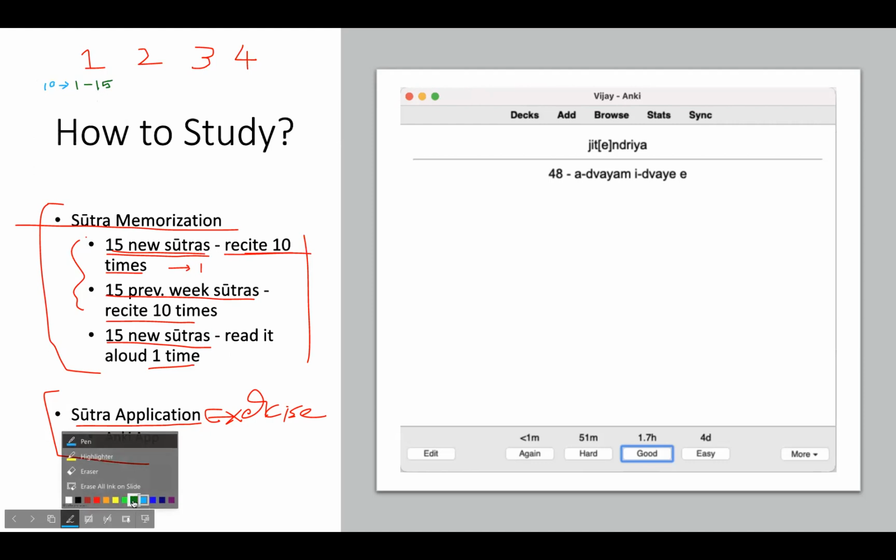And then the next week's sutras are from 15 to 30. You see that 1 to 15 I have put, and then I didn't put 16 to 30. I put 15 to 30 because you need to recite the last sutra of the previous verse also along here, because that's how you get the continuity of reciting the sutras. Then this one you're going to recite only one time. That's it. This is for the first week.